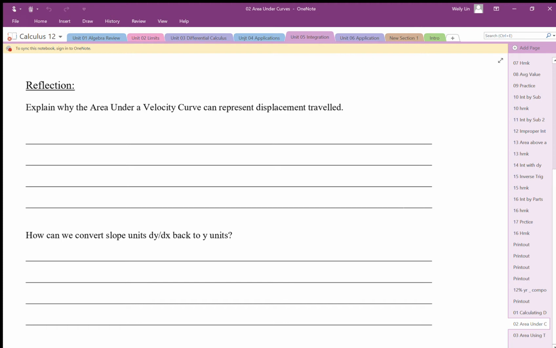So the area under the curve can represent displacement traveled, because if we take a look at the area under the curve, we calculate it using the height, v of t, times the width, delta t. That clearly gives us displacement: velocity times time equals displacement.